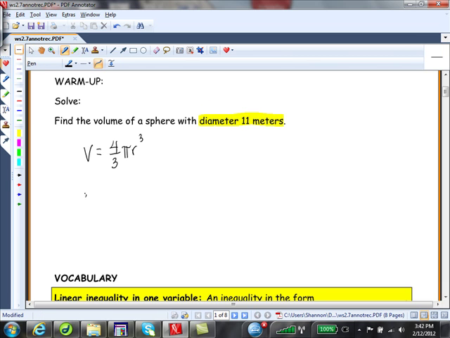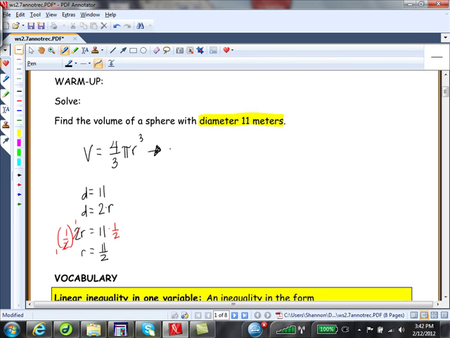So remember that diameter is equal to 11, and the diameter is also equal to 2 times r. So that means 2r must equal 11, and r would therefore be 11/2 when we multiply both sides by a half. So this divides out completely, and we've got it left over on the other one.